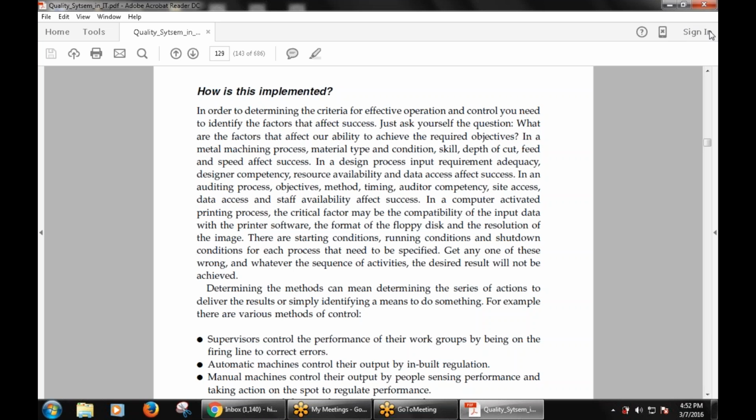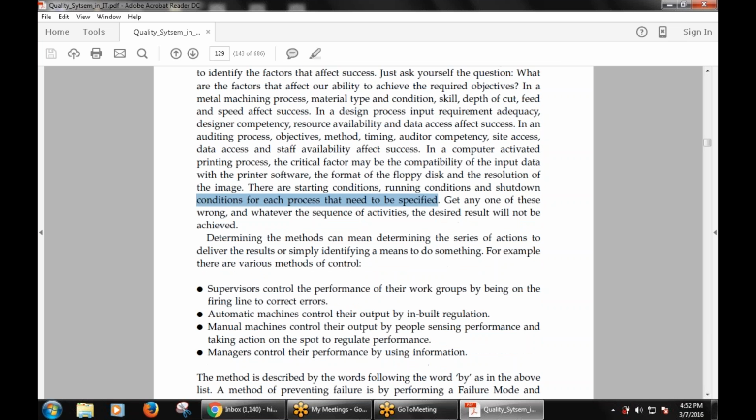And there are various standards that are applicable for this. So there are starting conditions, running conditions, and shutdown conditions for each and every process. There are multiple conditions by which it is implemented, and they need to be specified for each process.